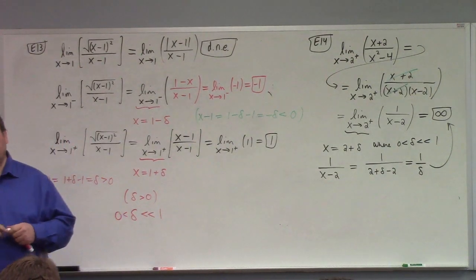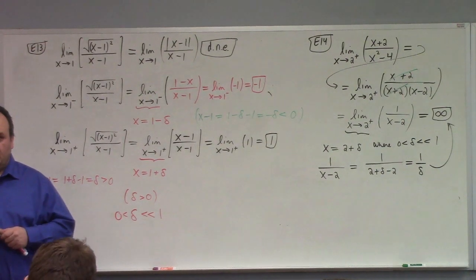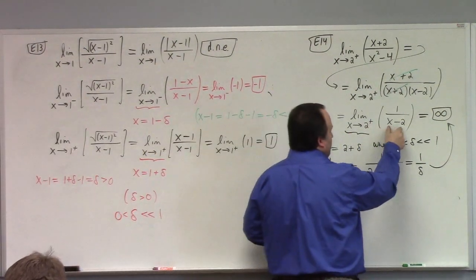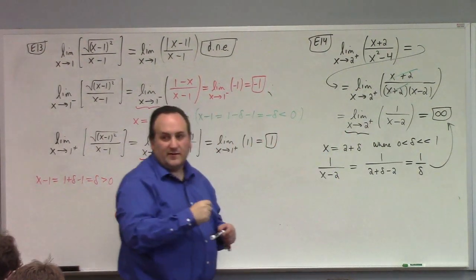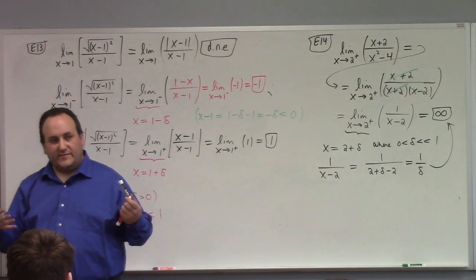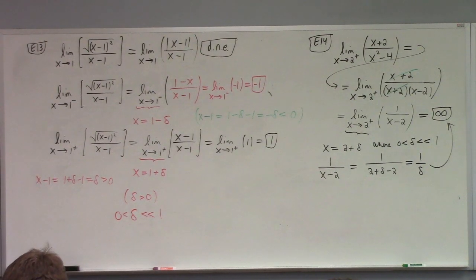The other way you could do this would be to plug numbers in your calculator closer and closer to the limit point and see how it goes. You could try evaluating 1 over x minus 2 at 2.01 or 2.001 and see what happens. Is it a really large positive number or a really large negative number? The other way is to look at a graph.